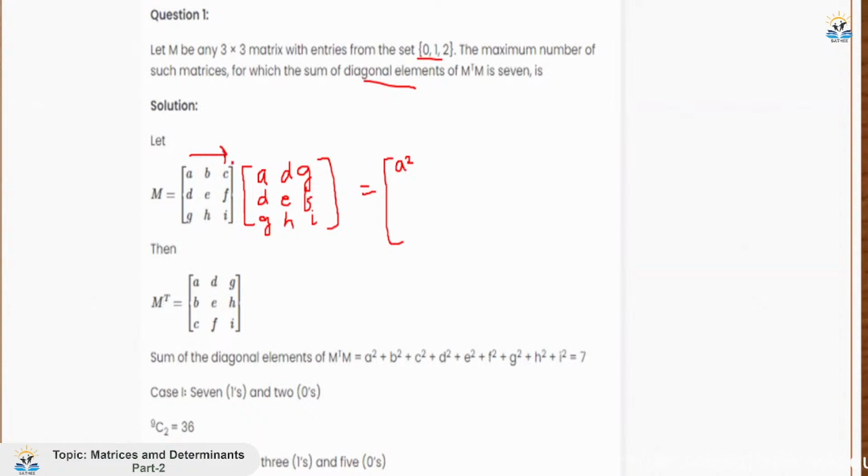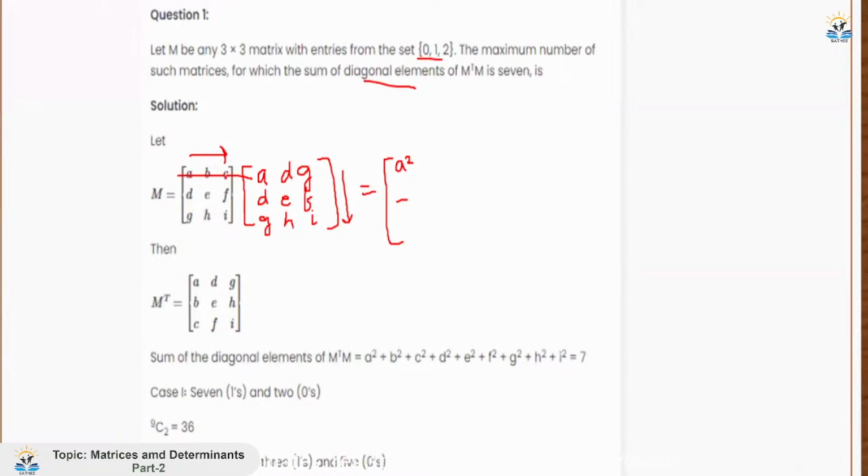You will multiply first row with first column, second row with second column, and third row with third column. Basically, first row with first column for the first element, then first row with second column for the second element, then first row with third column for the third element. Now second row with first column for this one, second row with second column for this one, second row with third column for this one, and similarly for the third row.